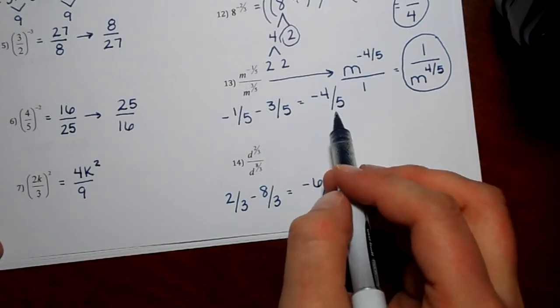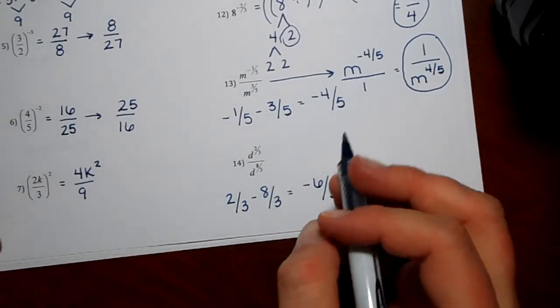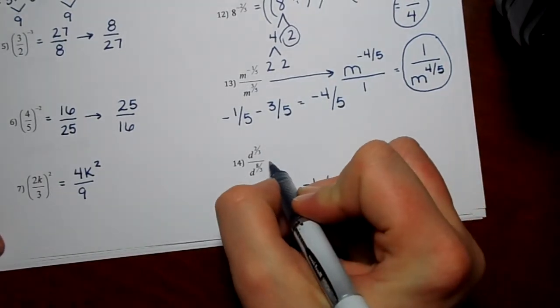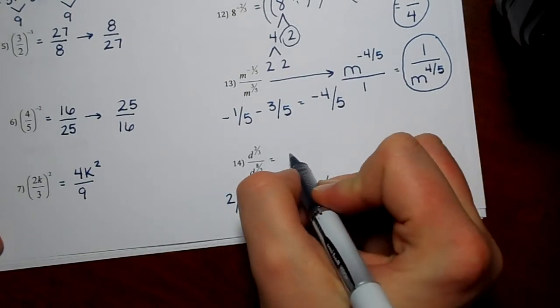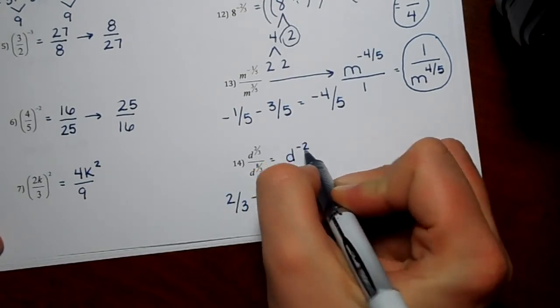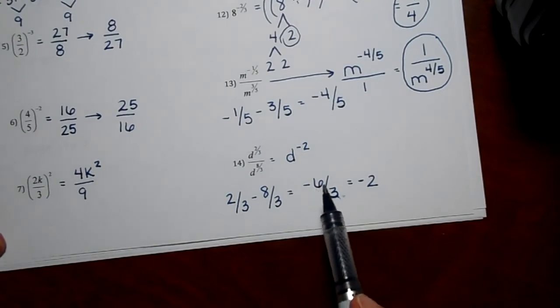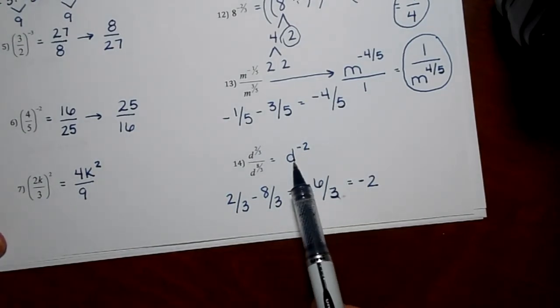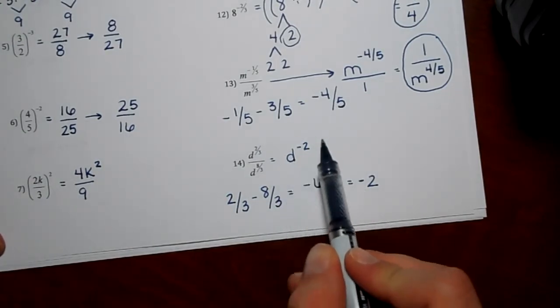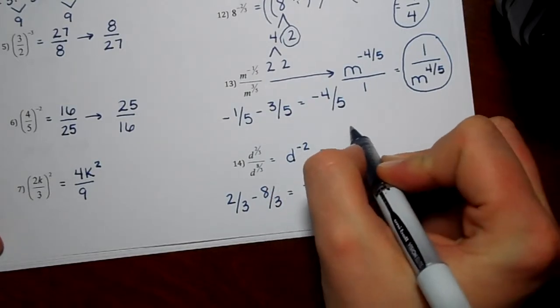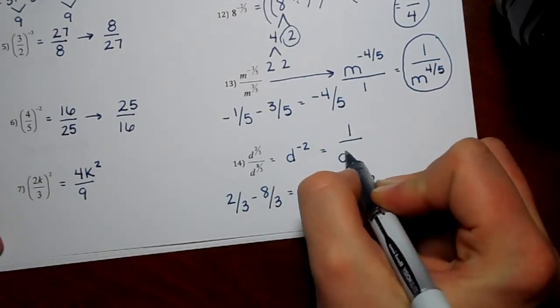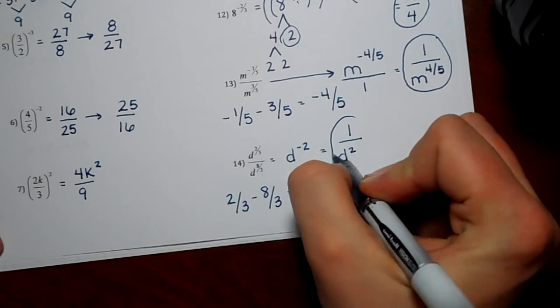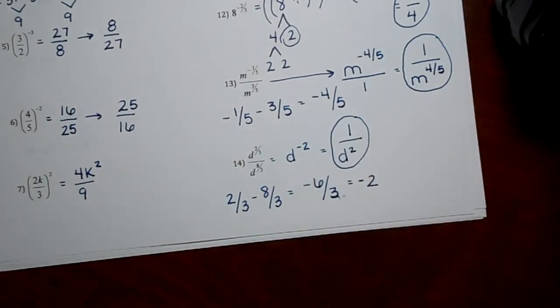I skipped that step in the last one because negative 4 over 5 does not reduce. So really my answer here is d to the negative 2. But just like we did before, we're not happy with that negative exponent floating around there. So I want to move that to the bottom of a fraction, and I'll make it 1 over d squared. And that's my final answer for that one.